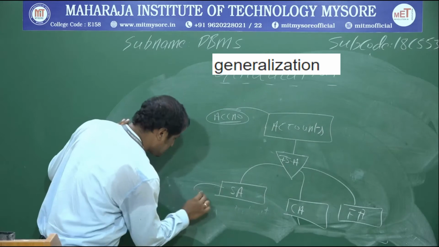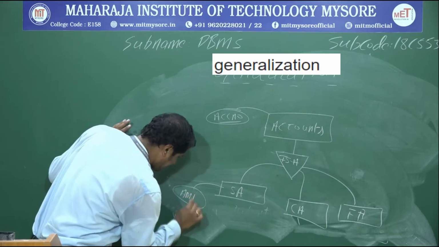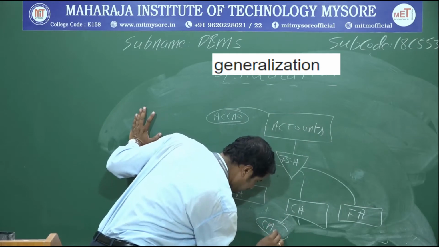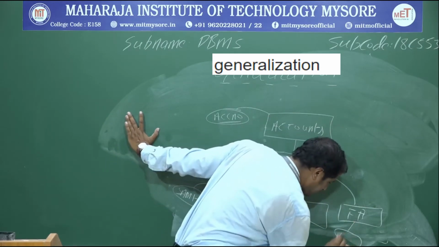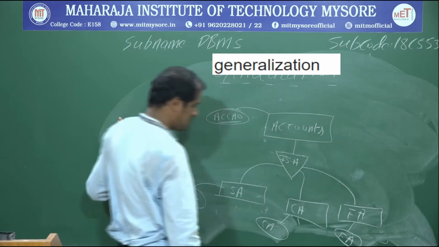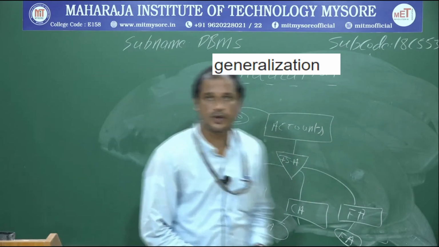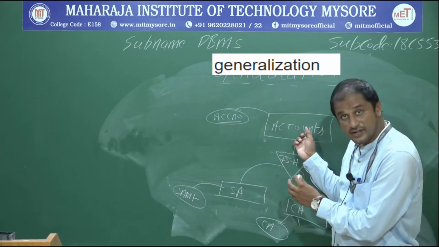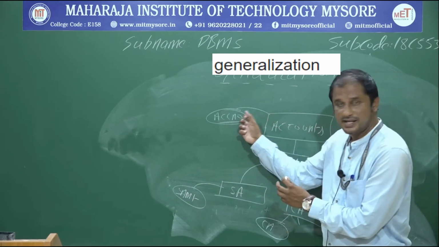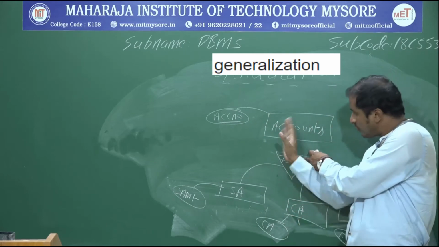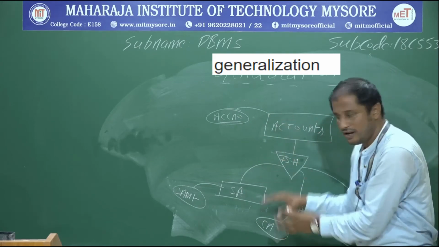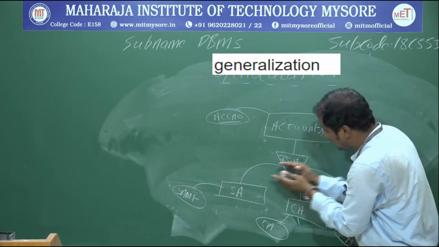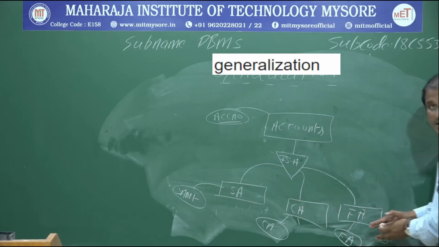Savings has some type of amount, a saving amount, current amount, fixed amount. So it has various attributes. Accounts as a superclass contain account number as a key. This is called generalization. We are splitting this entity, this superclass, into subclasses.